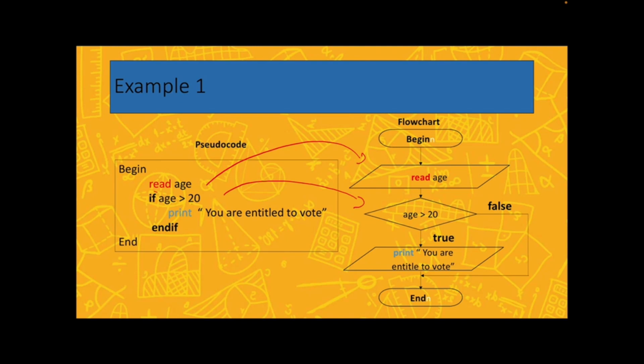The difference is we do not need to write the if in the diamond shape. In the diamond we just put the condition only, and if true, it will print you are entitled to vote. If false, it will stop.